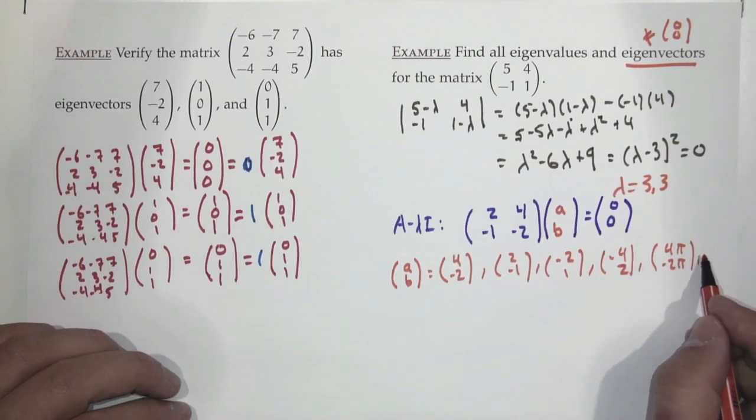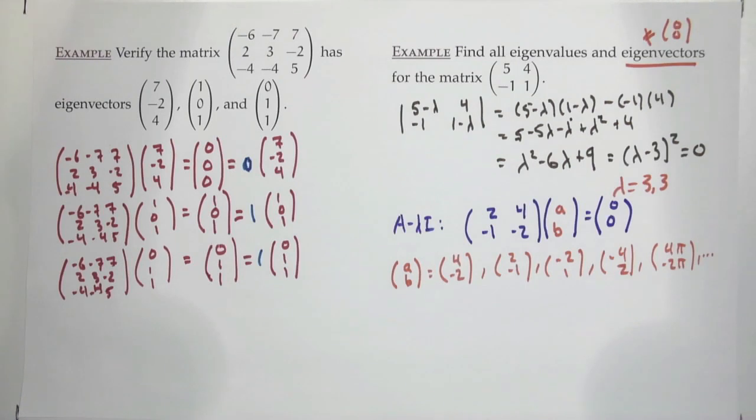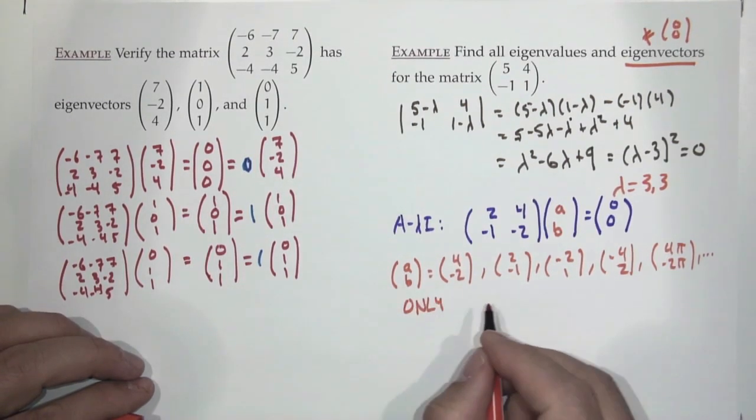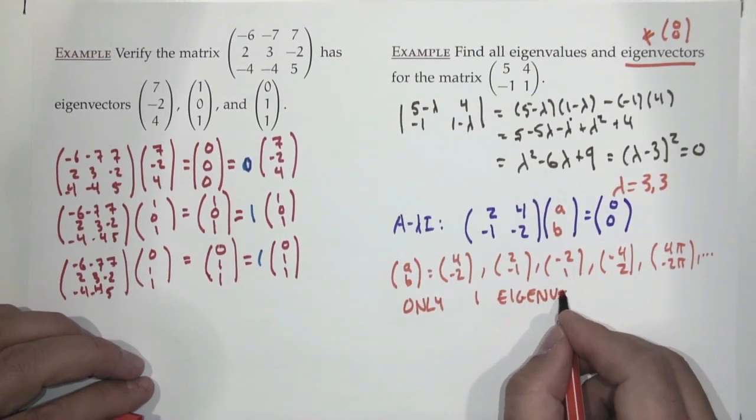I mean, there's all sorts of crazy things. But the real question is, have we found lots of eigenvectors, or is it really just the same eigenvector? It's the same up to scaling. Is there any other eigenvector that is not some multiple of this? And the answer is no. So here, this has only one eigenvector up to scale.